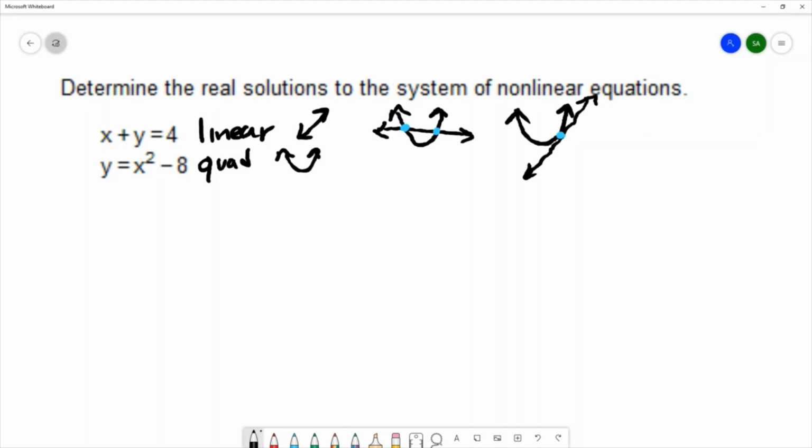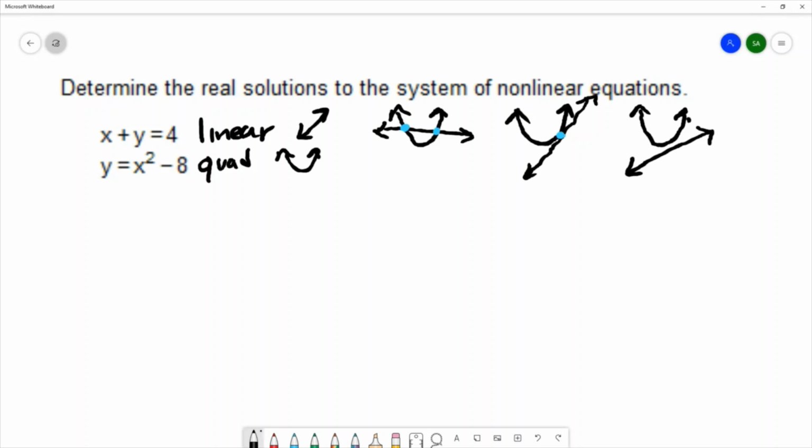In that case, there's only one intersection point and one solution to that system. And it's also possible to draw the parabola and the line so that they don't touch each other. And that means there are no intersection points and no solutions to the system of equations. So we're looking at the possibility of having two solutions, one solution, or no solution.